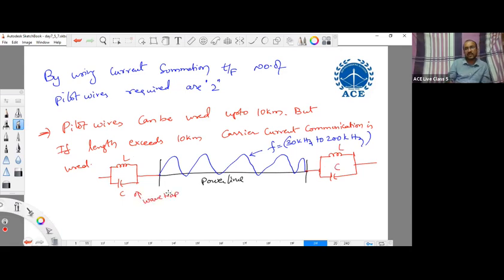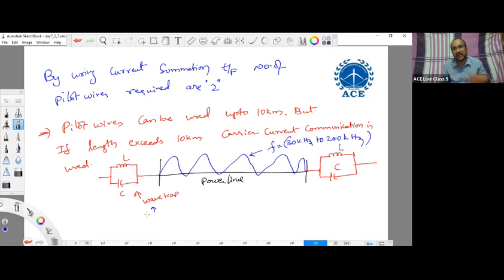What is the function of the wave trap or line trap? Its function is to stop the communication signal beyond this point. If you allow the high frequency communication signal onto the load side, the load equipment may get damaged. So what does the wave trap do? It acts as a filter.